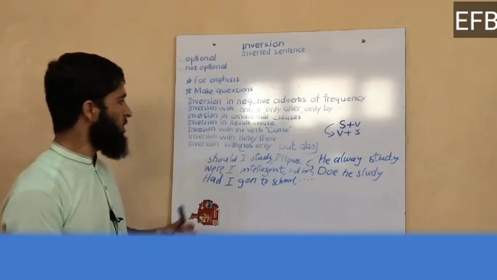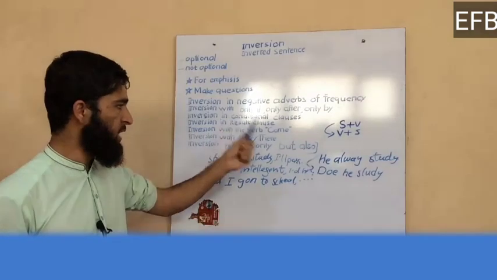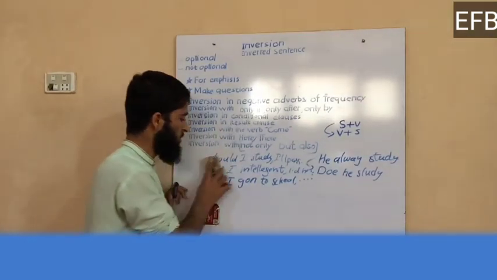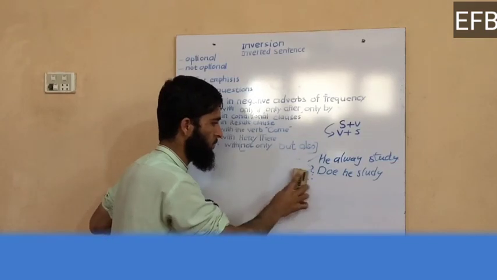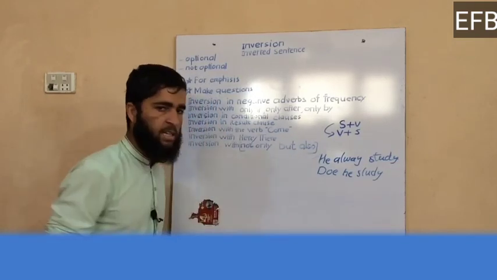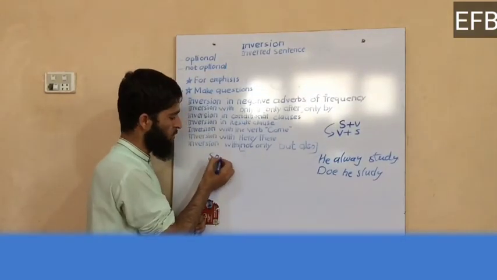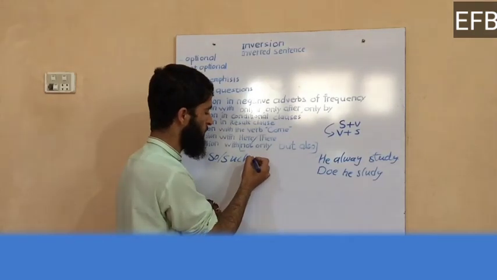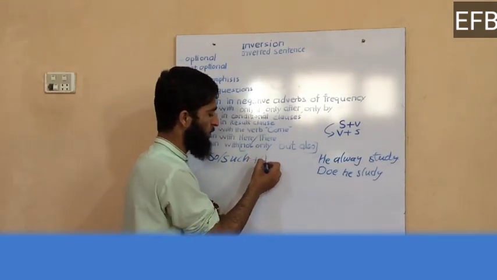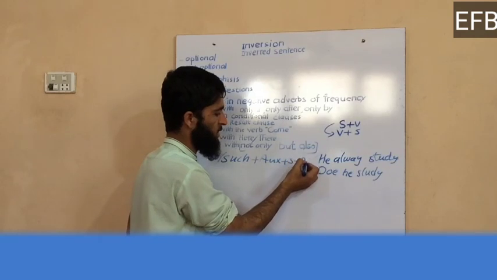Now let's talk about inversion in the result clause. First we talked about the conditional clause, now we talk about the result clause. Keep in mind that in the result clause, first we have so or such, then we have the auxiliary verb, then the subject, then the rest of the sentence.